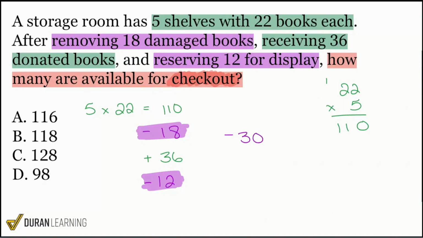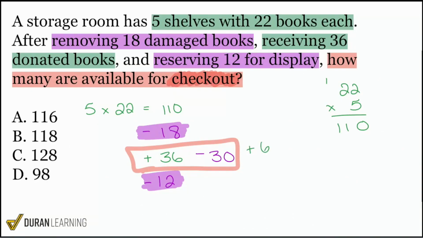I'll take away 30. And then when I bring together the 110 and the 36, we could bring those together first, or you could just look at the plus 36 and minus 30. Everybody, what happens when we mix plus 36 and minus 30 together? Yeah, that's just 6. 36 minus 30 is just a net gain of 6.